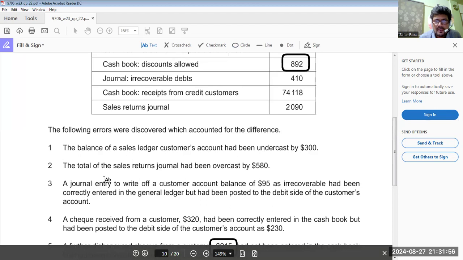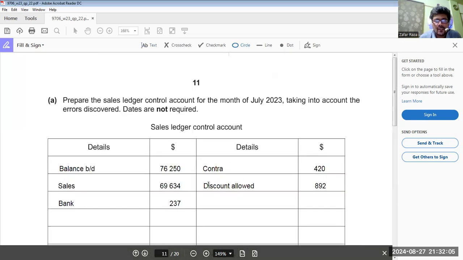So we'll write irrecoverable debt 410, because irrecoverable debts also decrease trade receivable or debtors account. Getting my point clear? Okay. Next item.